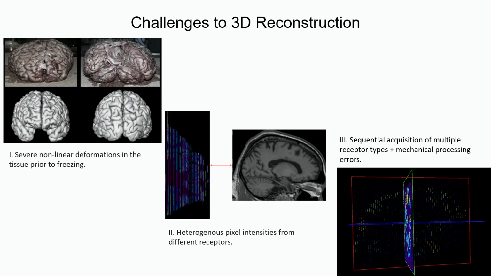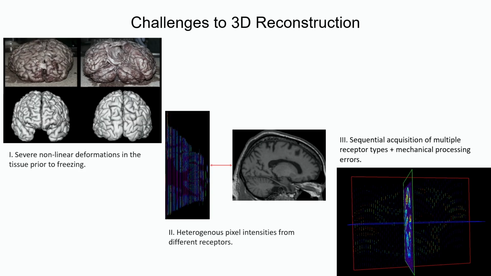One problem is that for autoradiography, you can't chemically fix the brain before you extract it from the skull. So when you pull it out, it's still all soft and it deforms. So you have to correct for these spatial deformations during the reconstruction process. Another issue is that when you put all these receptors into a volume together, they have extremely heterogeneous pixel intensity distributions, and so it becomes impossible to use traditional methods to align the receptor volume to the anatomic volume that you use to correct the deformations.